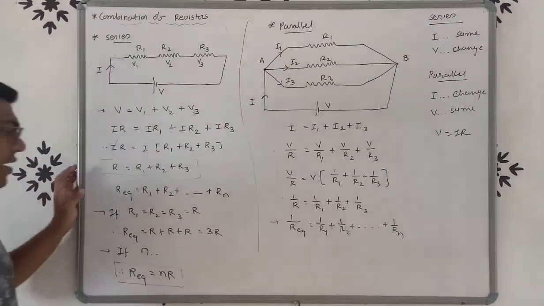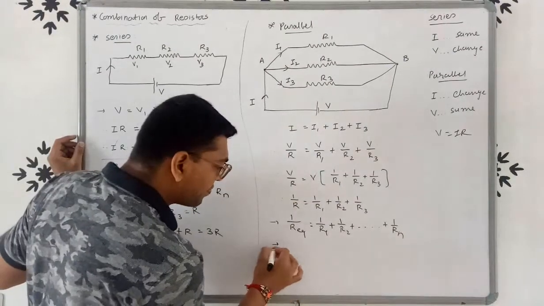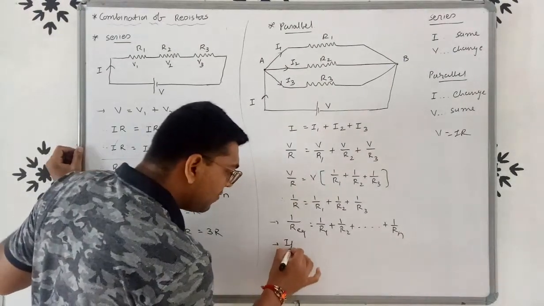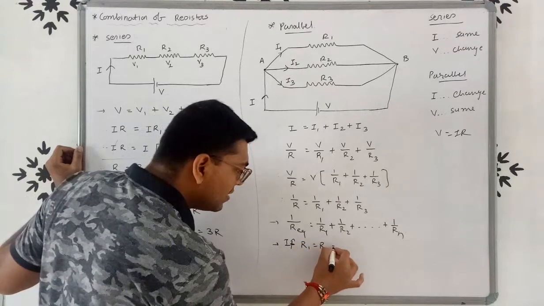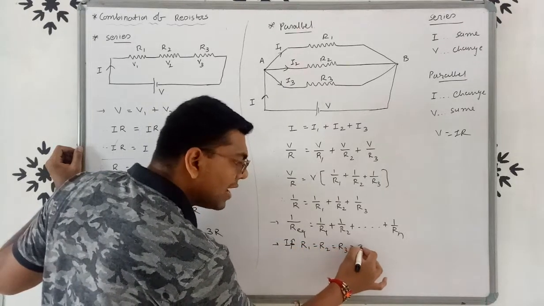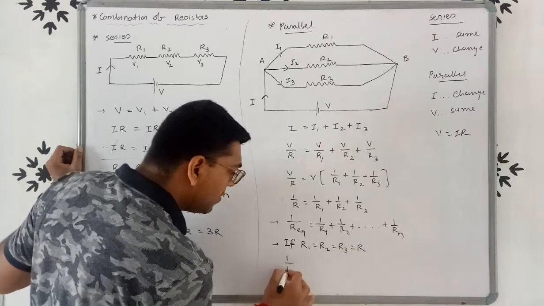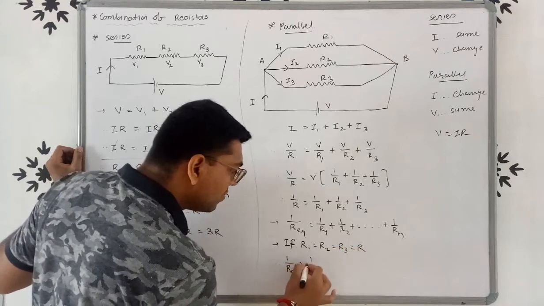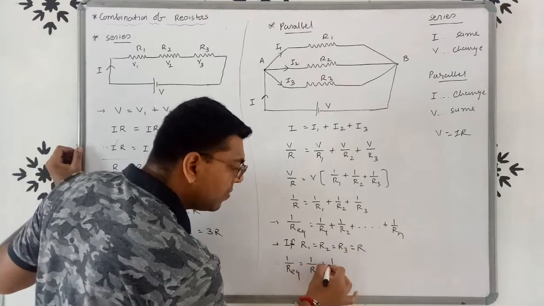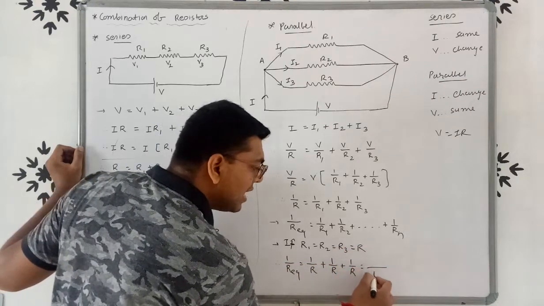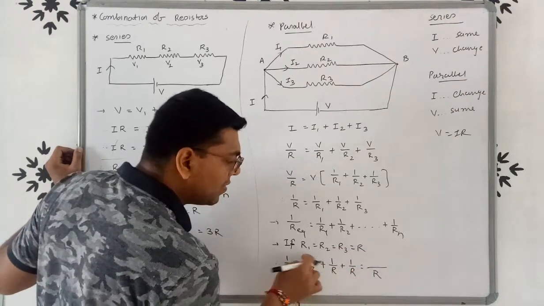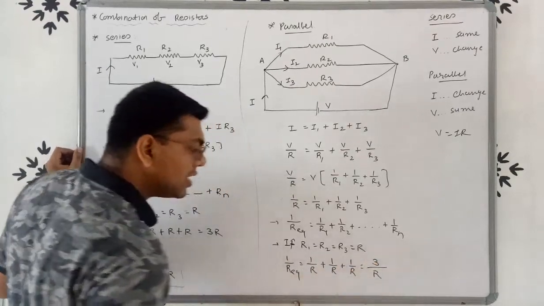Again, friends, if the resistances are the same, that means R1 equals R2 equals R3 equals R, then 1 upon R equivalent equals 1 by R plus 1 by R plus 1 by R. So here the LCM is R, so 1 plus 1 plus 1 is 3.